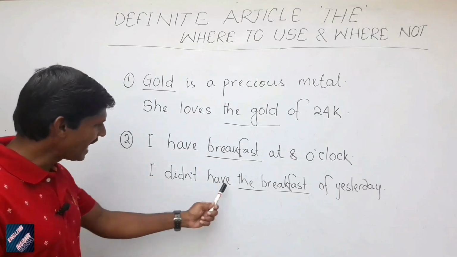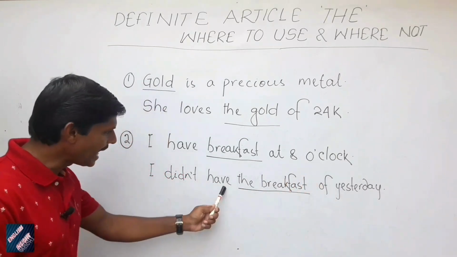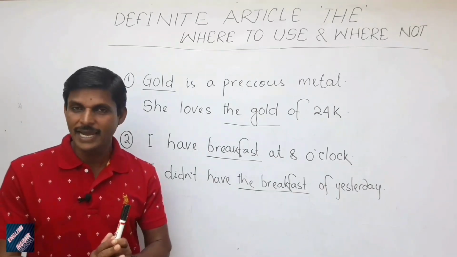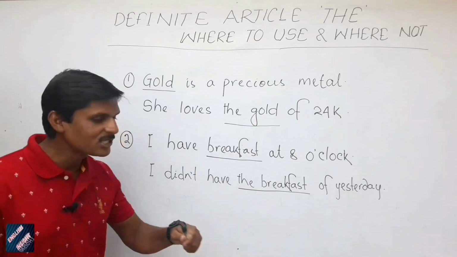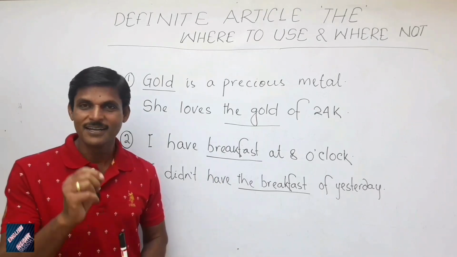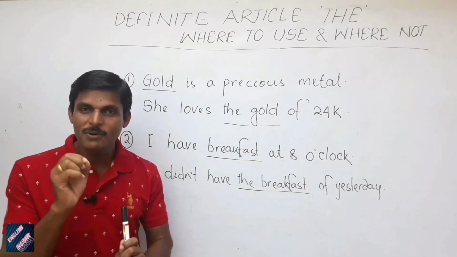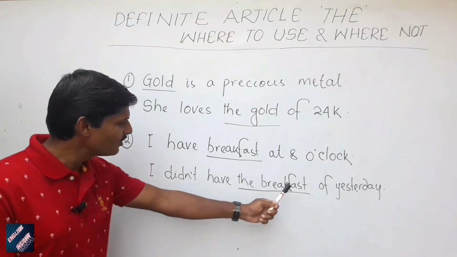I did not have the breakfast of yesterday. It means I did not have yesterday's breakfast, not in general but particularly. When we use the name of the meals of the day in a particular sense, we should use the before the word.